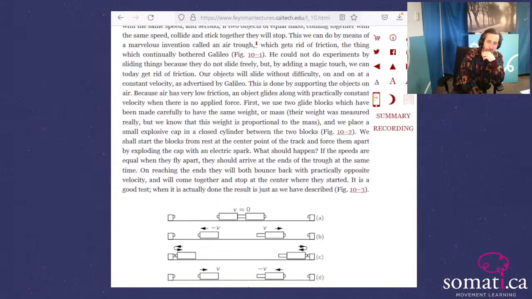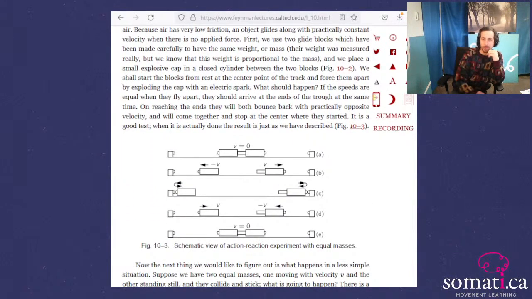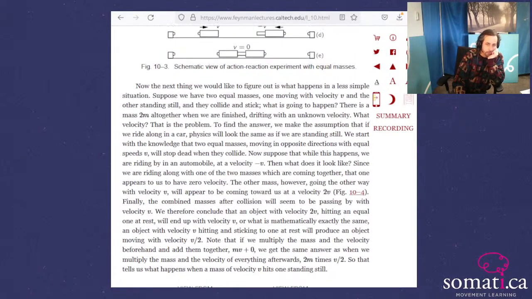That's a fun experiment. So you explode them apart, they rebound off the ends and come together and stick. So it works, and third law is real.